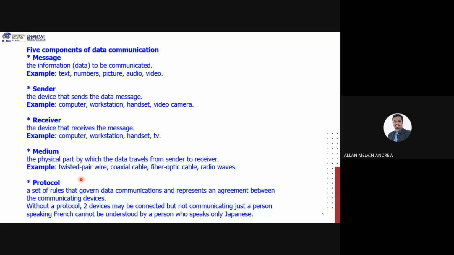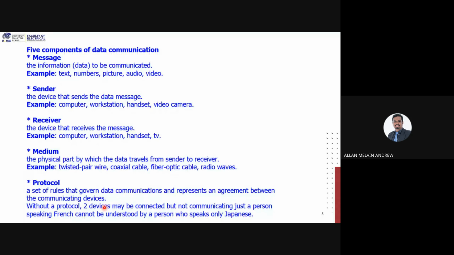Without rules, anyone can bypass and get the message, so it is also to protect the data, especially if it is confidential data. It must represent an agreement between the communicating devices, so person one must agree with person two in order for the communication to happen.